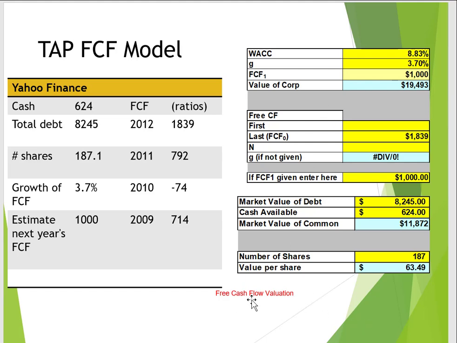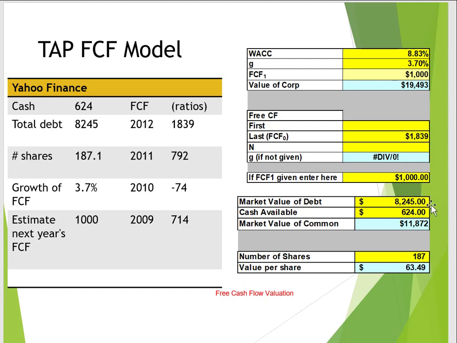Now we just plug it in. Here it is, the free cash flow valuation model. Here we have our numbers. 8.83 is the weighted average cost of capital. So we need to have the growth rate, right? We're saying the growth rate is 3.7. I did this on purpose so you can remember: if you're given what you think next year's free cash flow is, you can just type it in here.